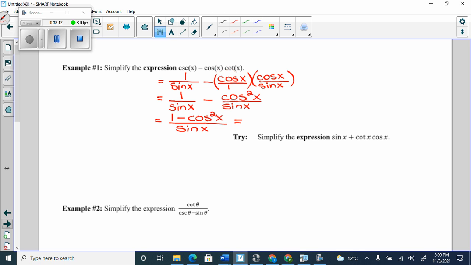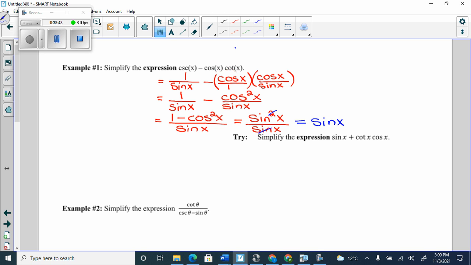We see variation 1, bring my cos squared x over. 1 minus cos squared x is the same as sine squared x, right? So now I'll get sine squared x over sine x. And sine squared x is just sine x times sine x, so one of these can cancel, and this actually just equals sine x. Okay, that's how I simplify it.